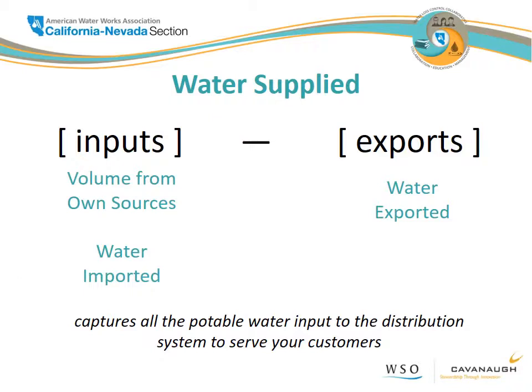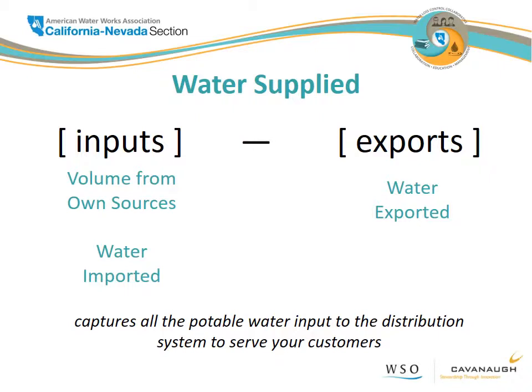This means it's the collection of all of the volume that you produce, whether in a treatment plant or from a groundwater well, in addition to all the water that you purchase, the water imported. And it subtracts all of the wholesale exports that are not meant for your customers, but are indeed sold to a neighboring agency or another water municipality.